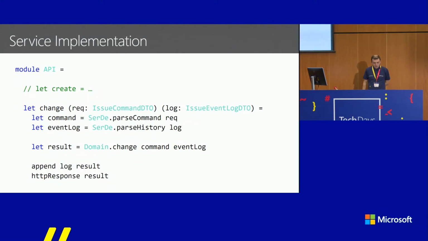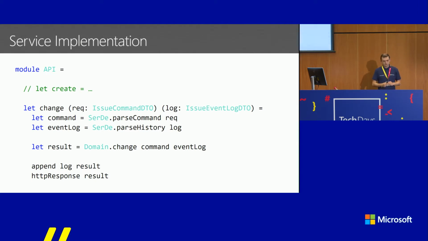So that's the implementation. You see that I'm working in module API. It has a change function. It accepts 2 arguments, issue command DTO and event log DTO. Then it calls our serialization code to get our nice clean domain concepts. We call the domain, we get the result. You remember the result is either event or string error.